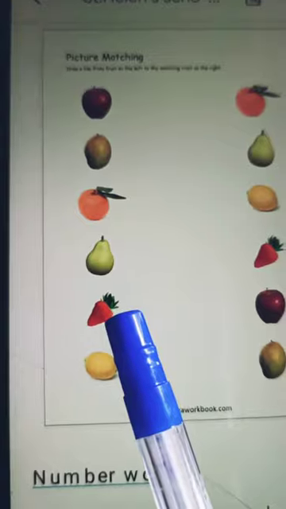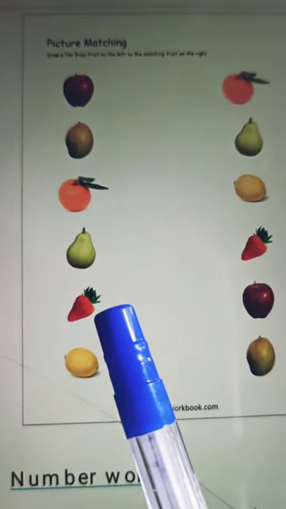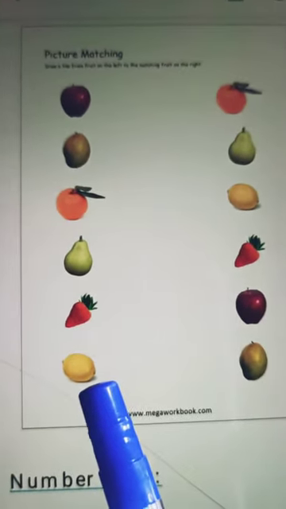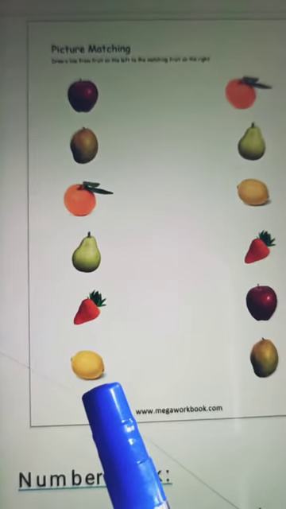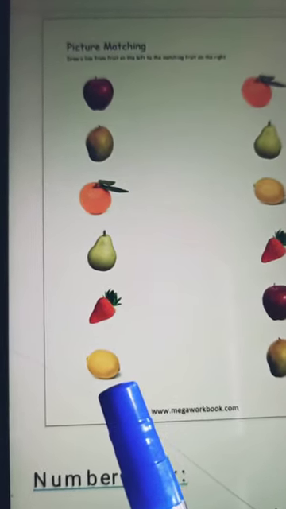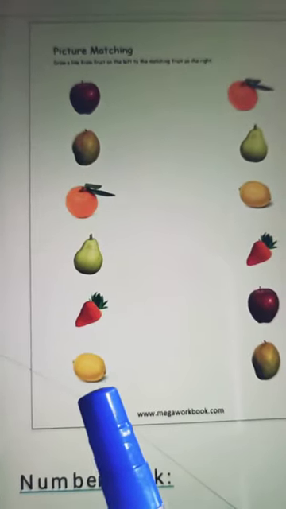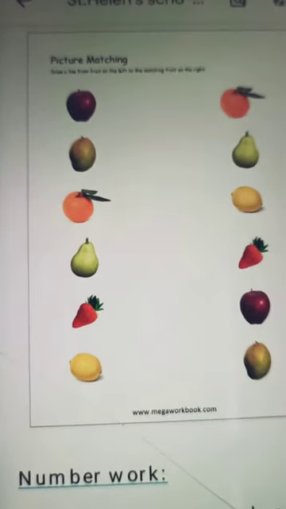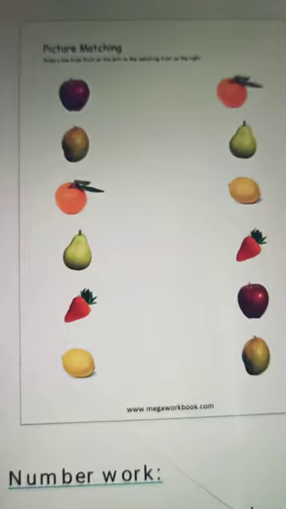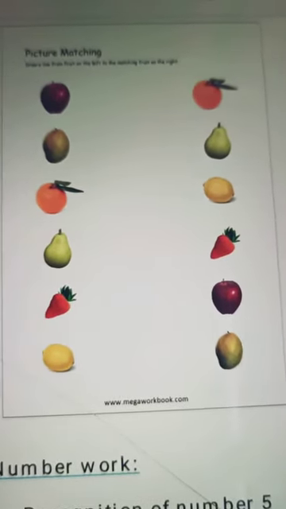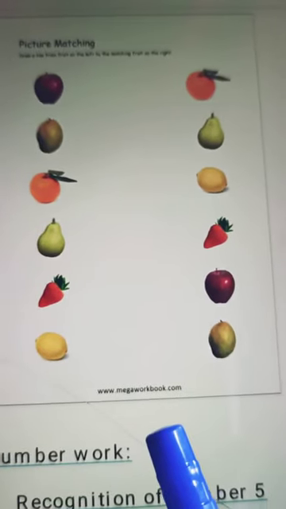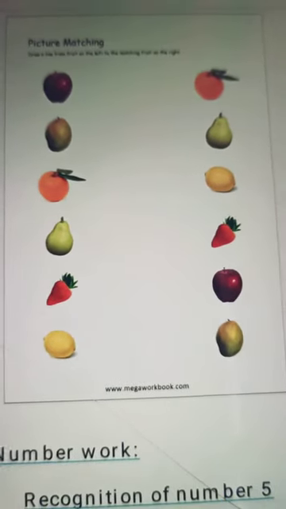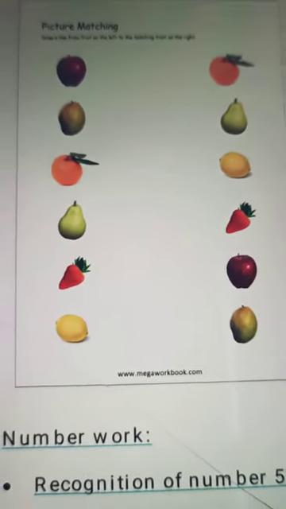This is strawberry. Which fruit is this? Children, this is chiku. Match it with the other picture. You can do this on a printout or you can draw it on a sheet of paper or a copy.